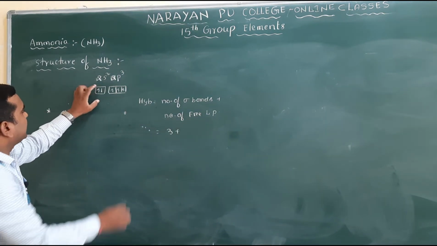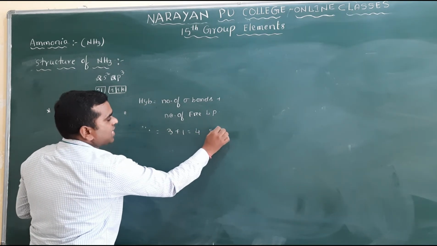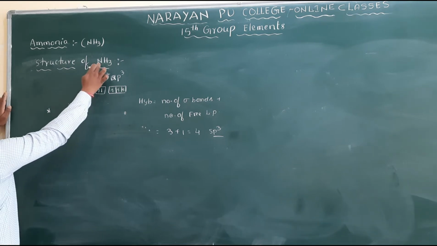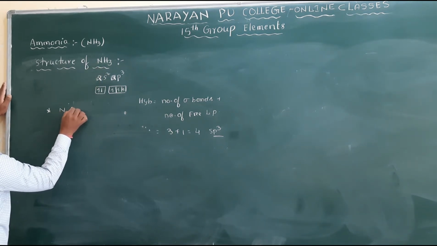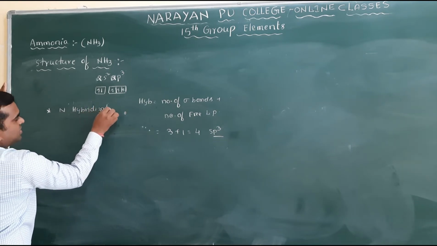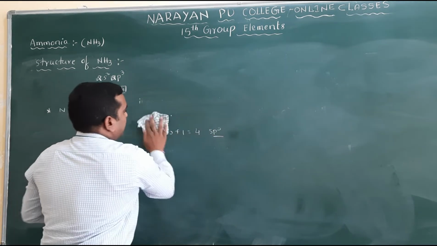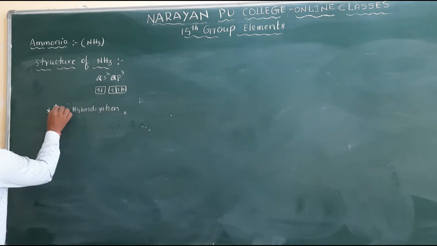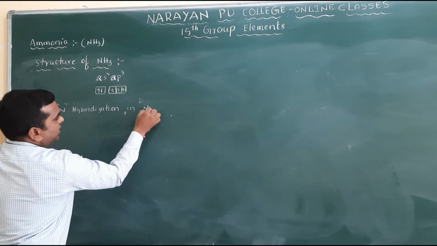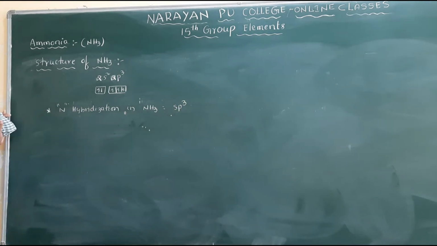How many lone pairs are there? One lone pair. So 3 plus 1 is 4. 4 means the hybridization is sp3. So the central atom nitrogen hybridization in NH3 is sp3. Clear?